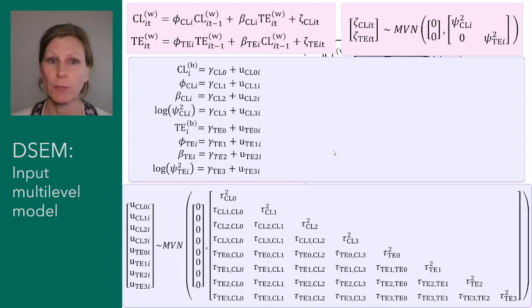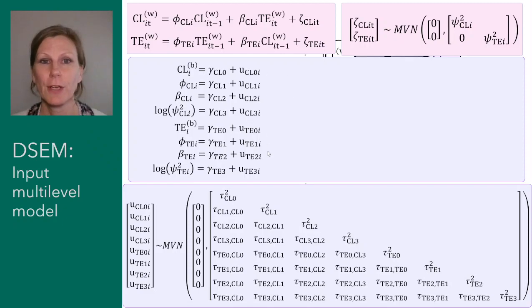Then the with statement ensures that all of these are allowed to be correlated with each other. So in this case we have an 8 by 8 covariance matrix with 8 variances on the diagonal and a whole bunch of covariances as the off-diagonal elements.